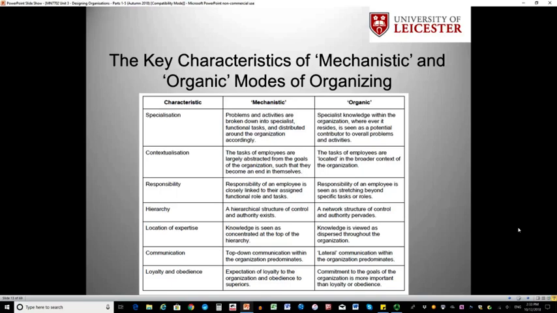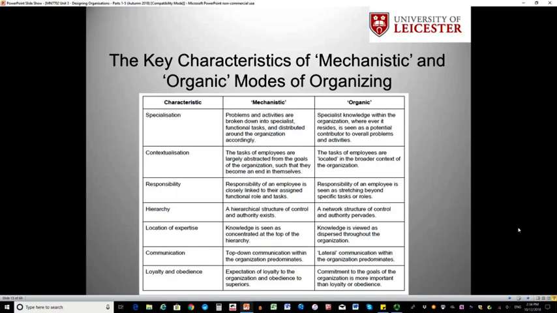And finally, what we see in the organic mode is a commitment to the goals of the organisation rather than obedience and loyalty simply to your manager. And I think that comes with the idea that this is not a hierarchical organisation. It's one organised around delivering particular activities rather than simply delivering subservience to one's manager.